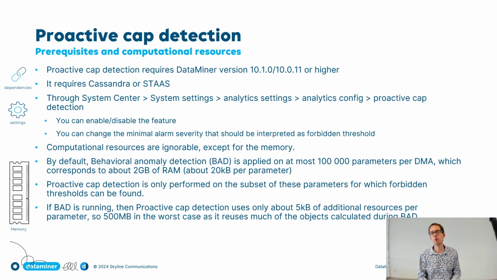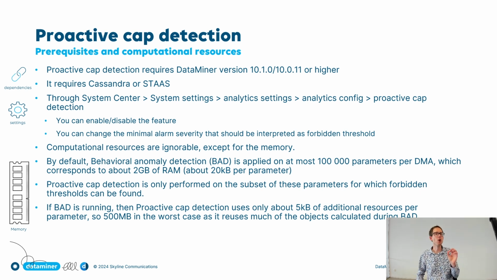We restrict that number of parameters to 100,000 per DMA, which amounts to at most 2 gigabytes of RAM that is being used per DMA. Now, the proactive cap detection functionality was implemented in such a way that it reuses a lot of the memory that is taken by the behavioral anomaly detection. And that's why running proactive cap detection will only use at most 500 megabyte.